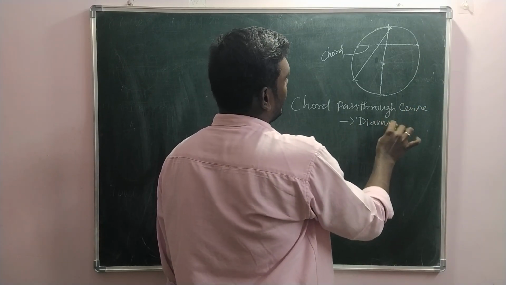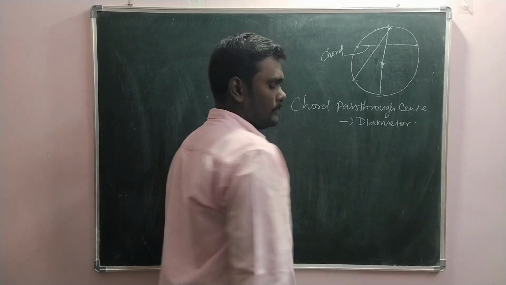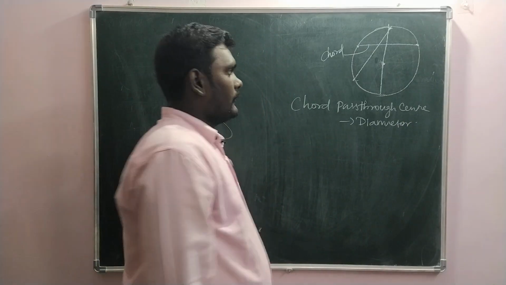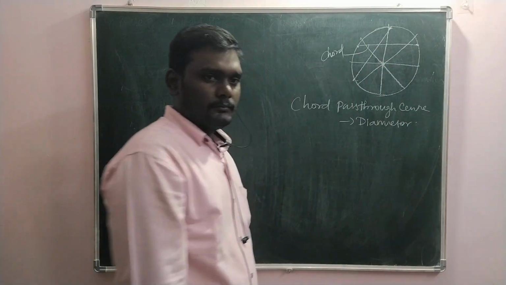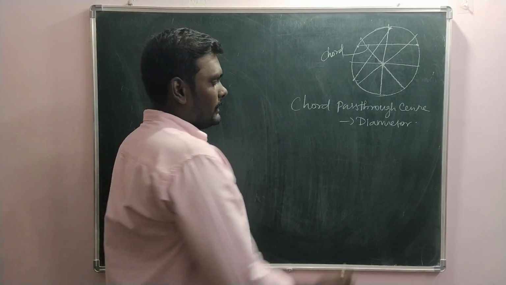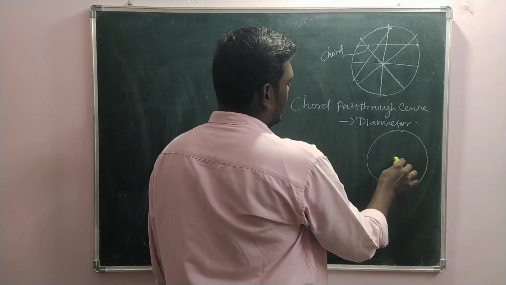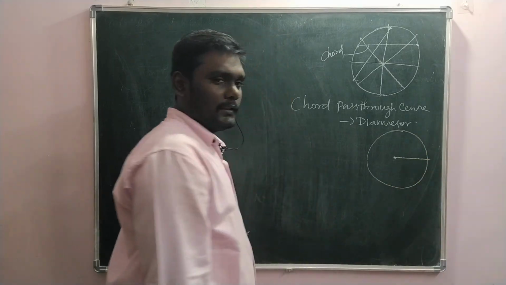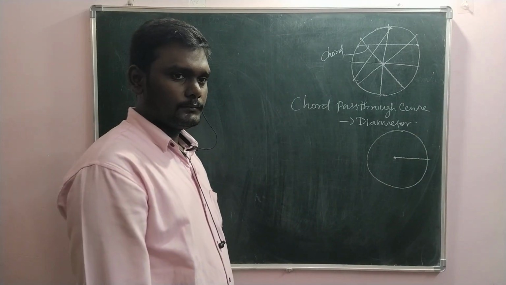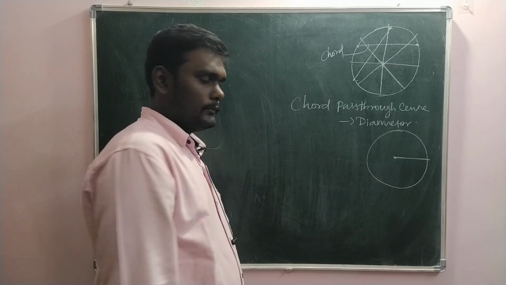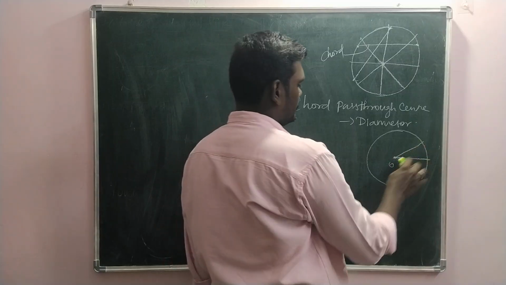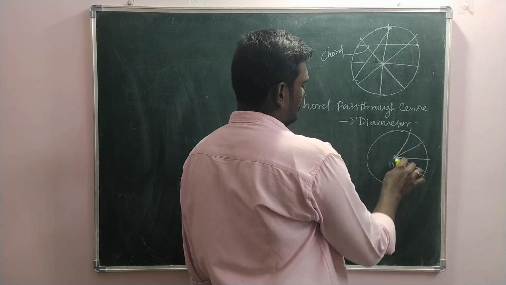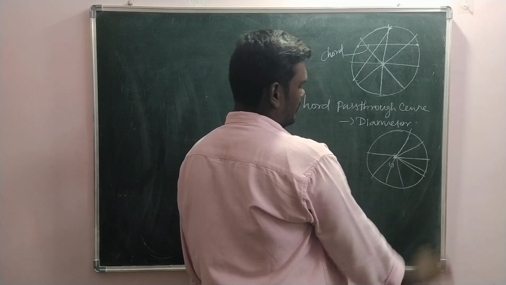How many diameters are possible? We have infinitely many diameters. Also, the line segment which connects the center with any other point on the circle is called a radius. How many radii are possible? Infinitely many radii are possible.